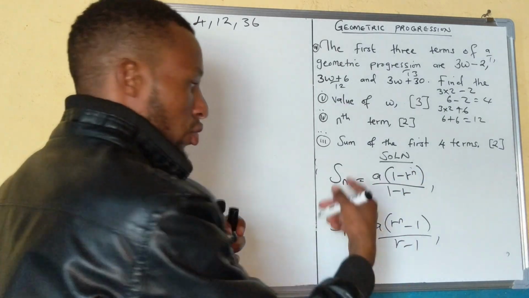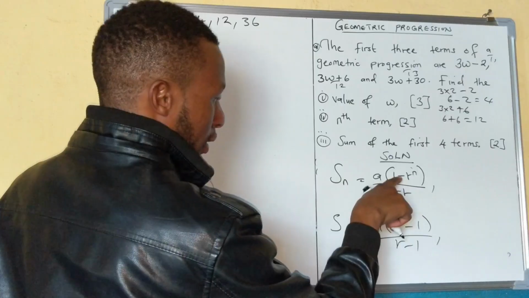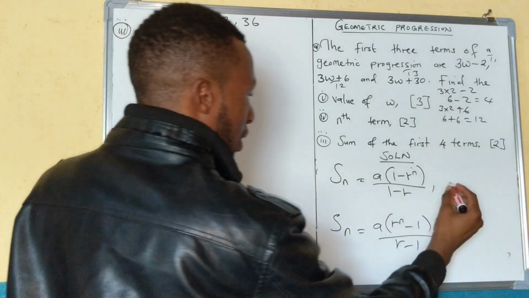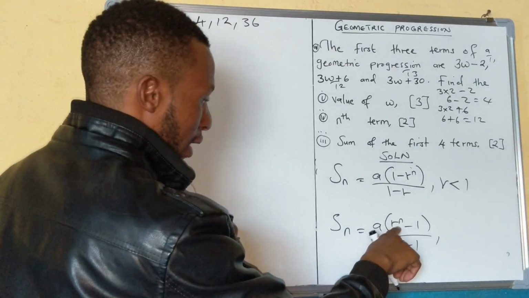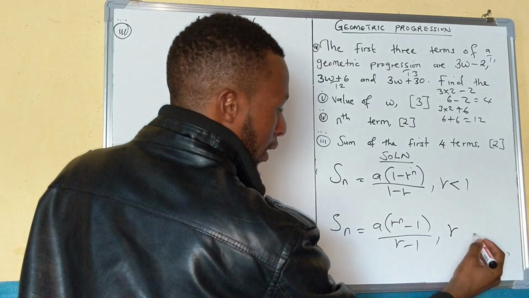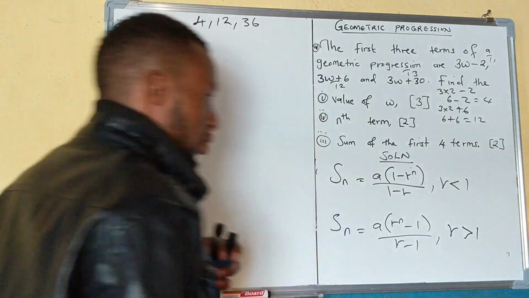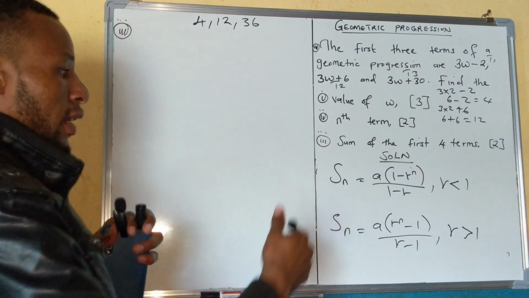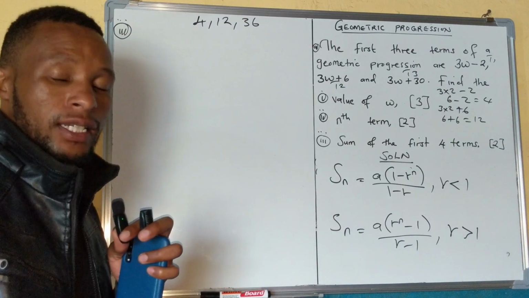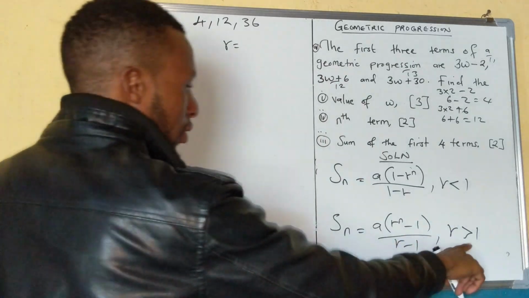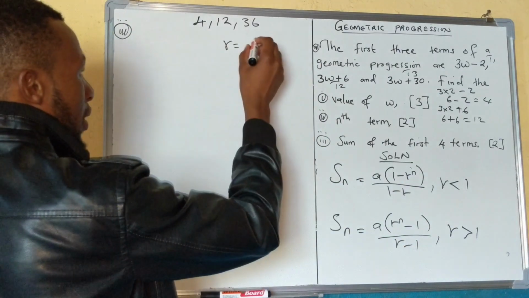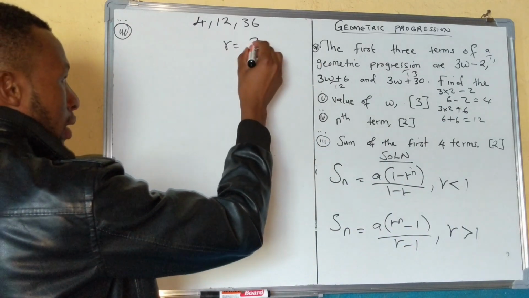So how do you get to choose here? For this one, if you see the 1 at the beginning, it means r is less than 1. If you see the r^n at the beginning, it means r is greater than 1. So there is need for you to check if r is greater than 1 or less than 1. How? By finding the common ratio, because the r is the common ratio. If you remember, the common ratio we found was 3.